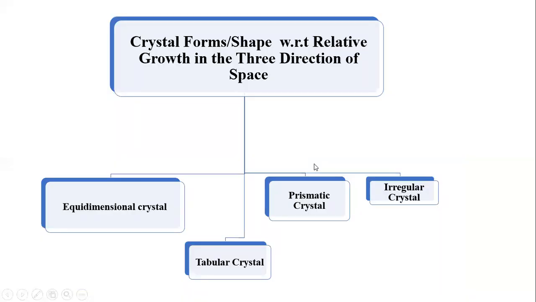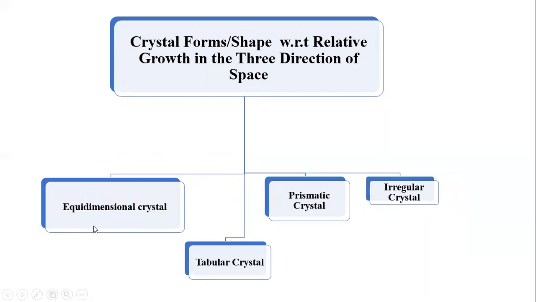Now, what are the crystal forms or shapes with respect to relative growth in the three directions of space? Crystal shapes or forms may also be described with respect to the relative growth in the three directions of space. There are four such categories of crystal. First is equidimensional crystal.